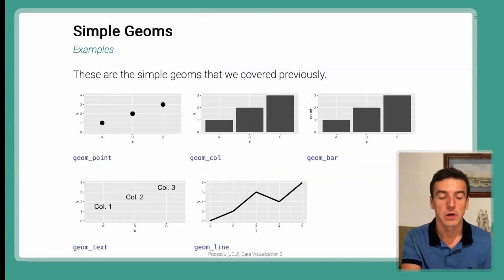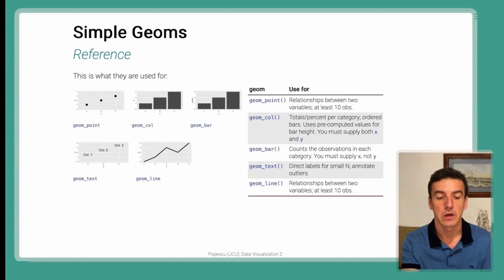So aesthetics, more generally, are things that allow us to highlight comparisons and to guide the viewer's attention. So previously, we looked at all these different types of simple geoms, things like points, columns, bars, text, and line. Geom points is a type of geometry that allows us to examine the relationship between two variables.